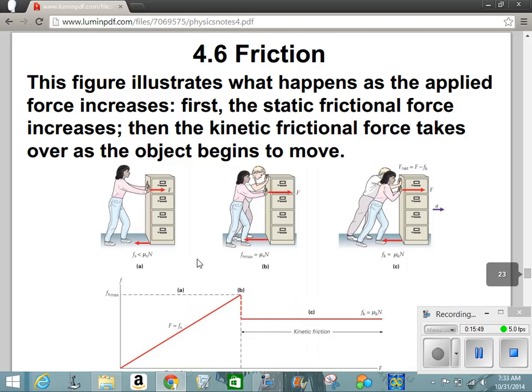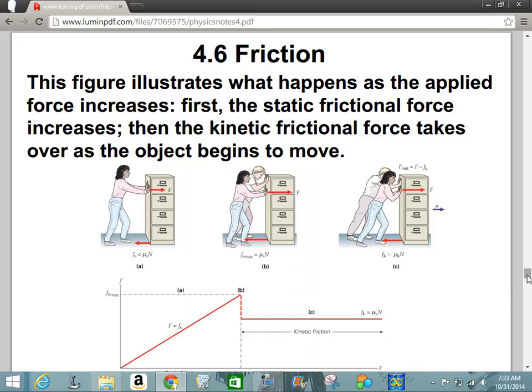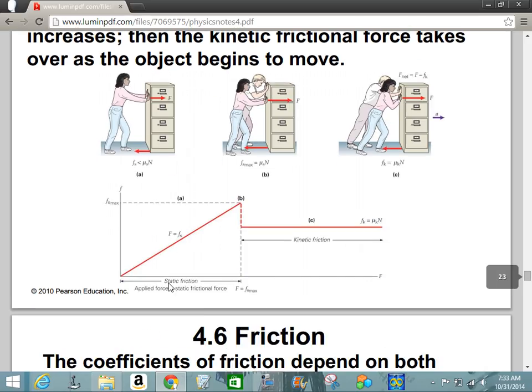And so in this illustration, with the static frictional force, the more that we apply force to get the thing moving, the friction force increases, and eventually, boom, the object's in motion. Once it's in motion, we just need to maintain that motion so there's less friction that we have to overcome. Does that make sense?